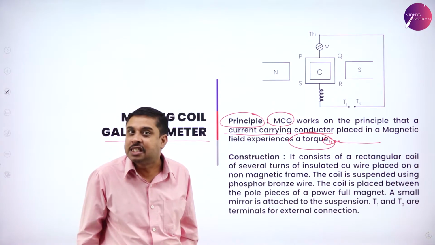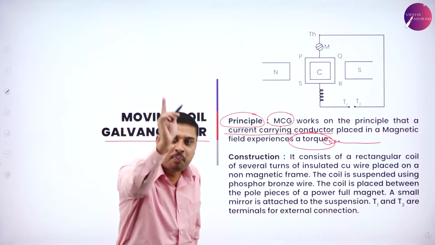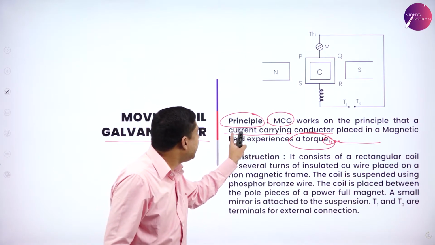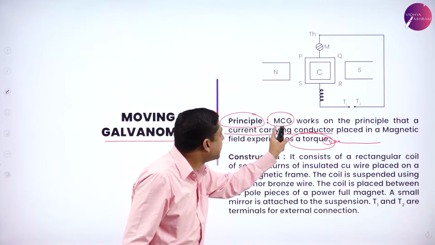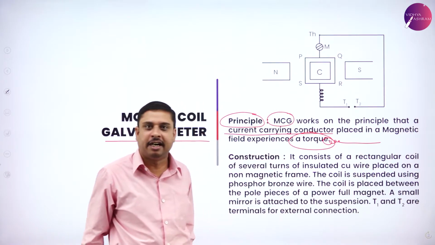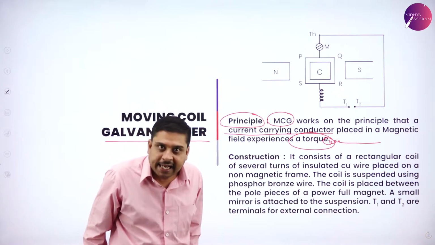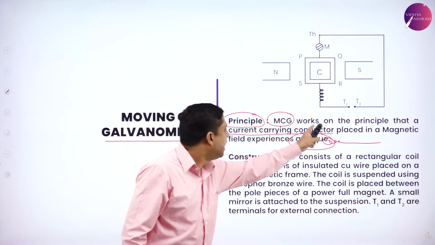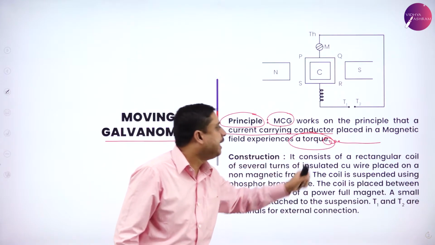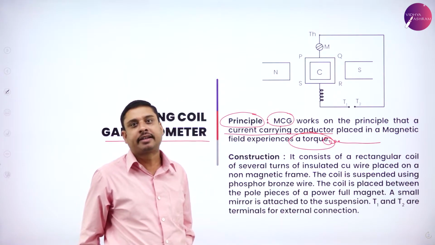So what was the principle, students? You place any current carrying conductor in a magnetic field, it has to experience a torque.